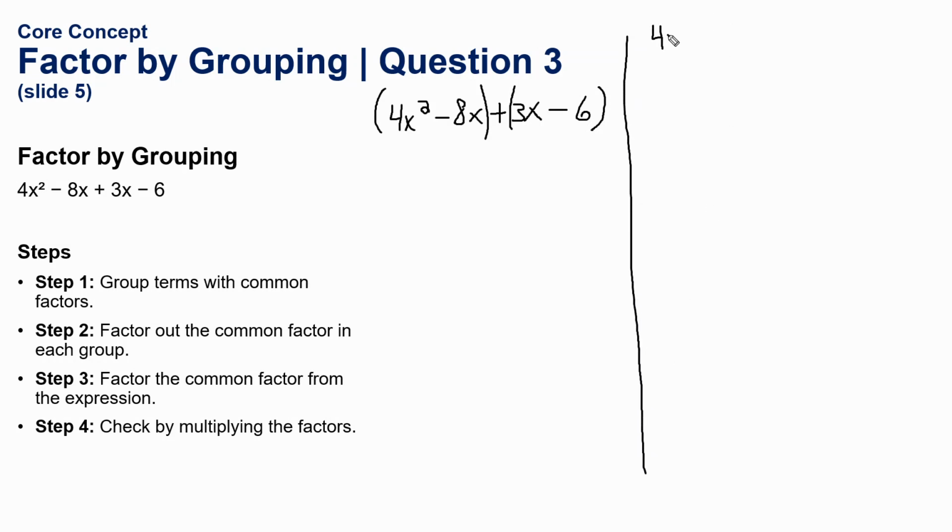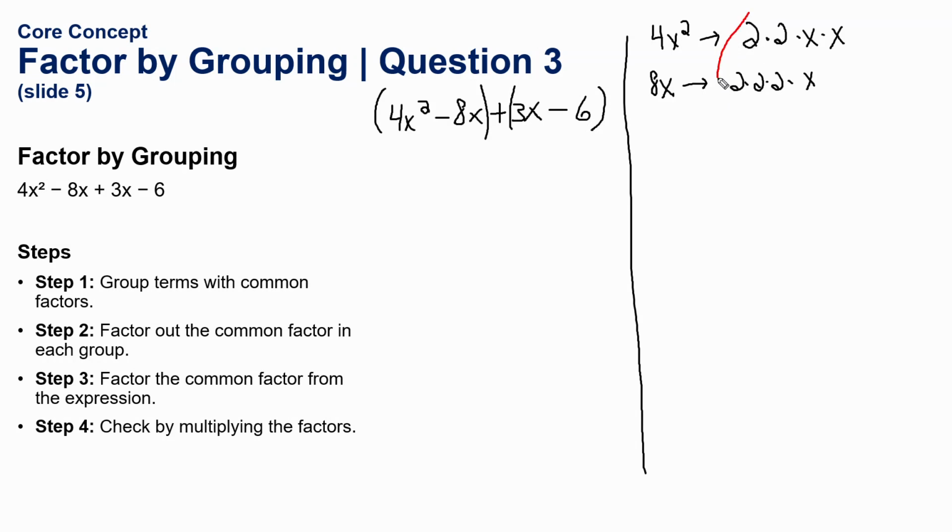So if I look at 4x squared and 8x, and I did the prime factorization here, we would have 2 times 2 times x times x. And then the 8x can be 2 times 2 is 4 times 2 is 8 times x. We see that two 2's are basically covered, right?